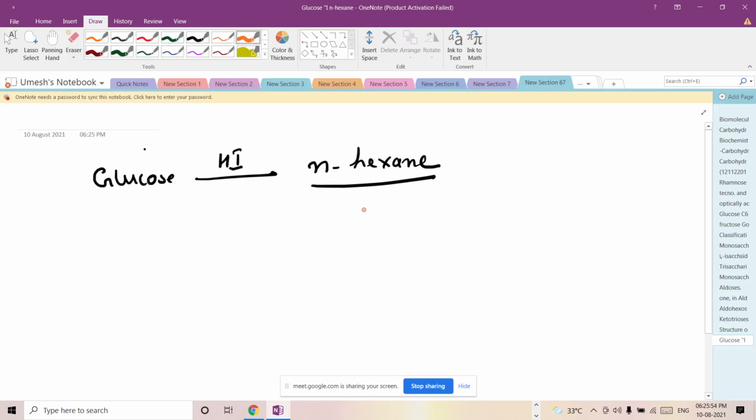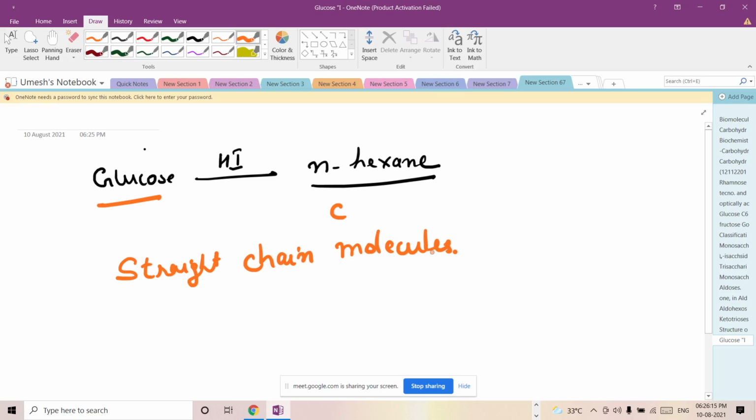If it is a straight chain carbon, that clearly indicates that glucose must be straight chain. So I say the molecule is a straight chain molecule. Because this is a reduction, and upon the reduction we are getting a straight chain hexane, and this proves that the molecule is a straight chain molecule.